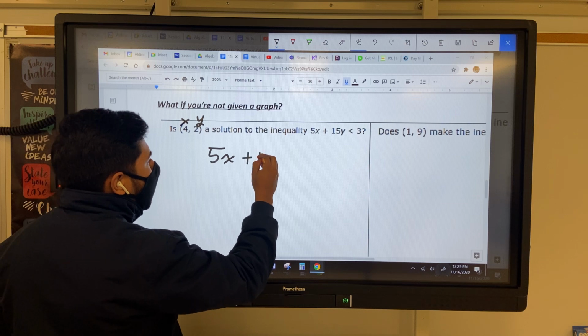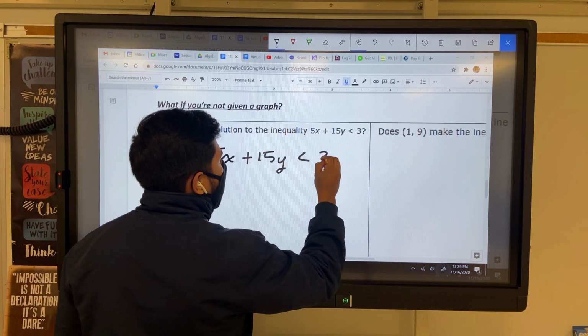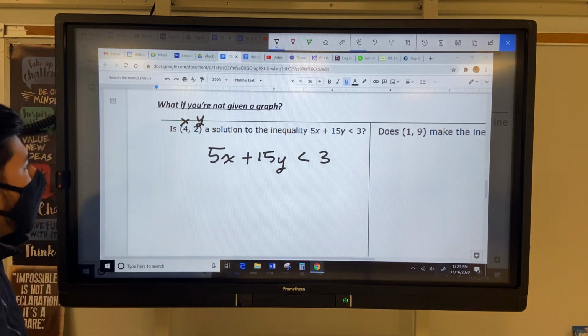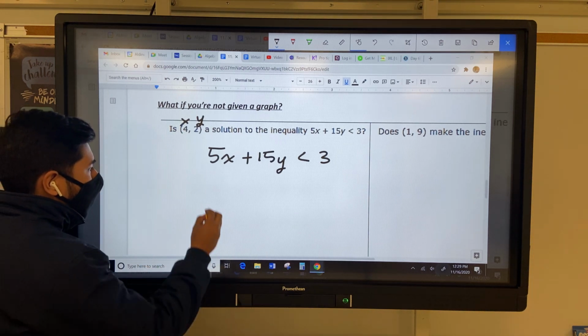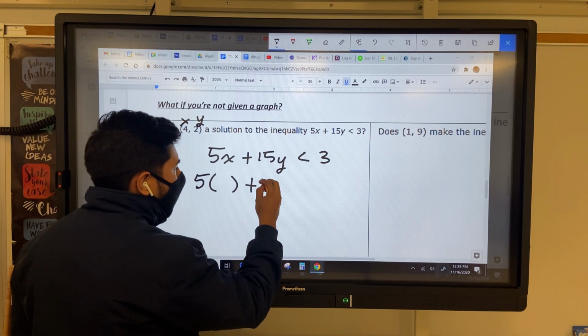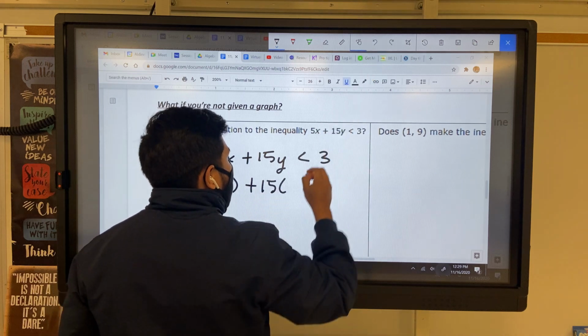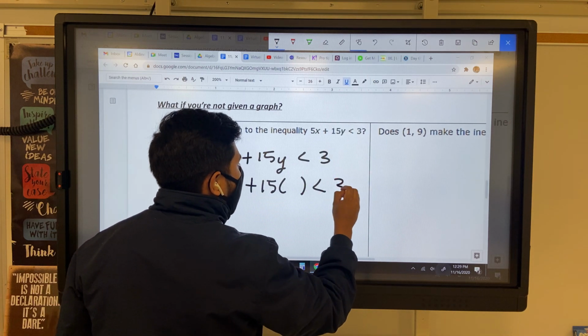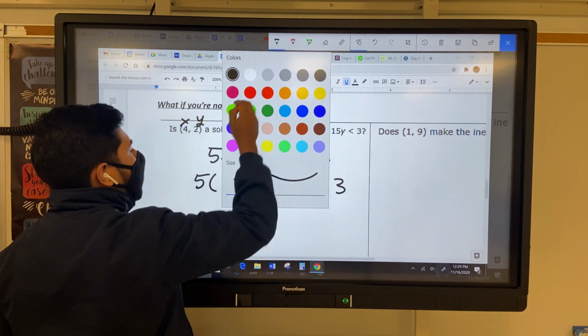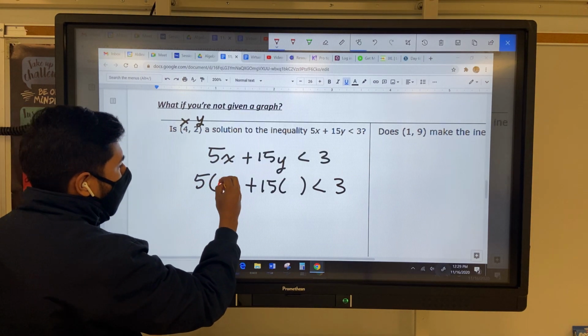5x plus 15y is less than 3. I'm going to substitute 5 parentheses plus 15 parentheses is less than 3. Who goes in this first parentheses? X, which is 4.